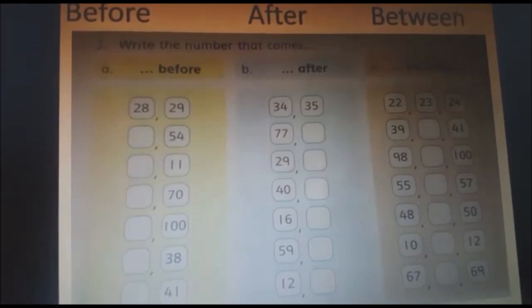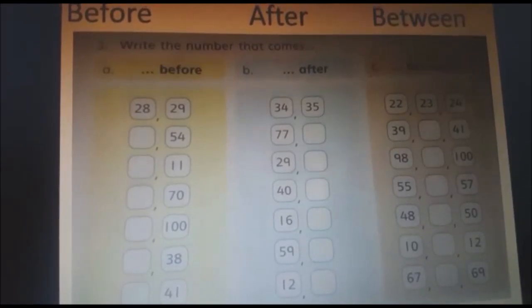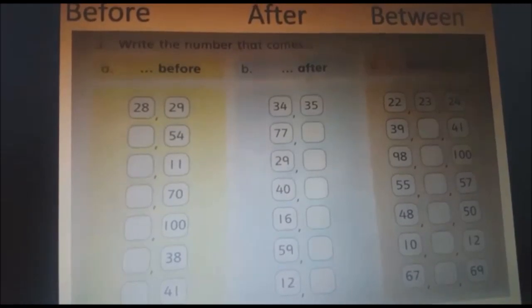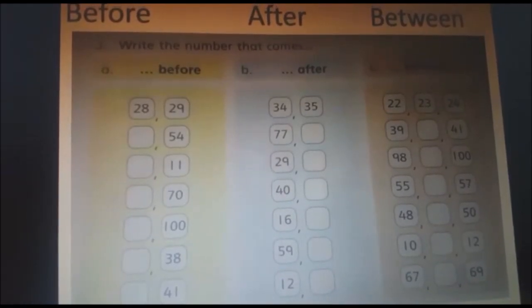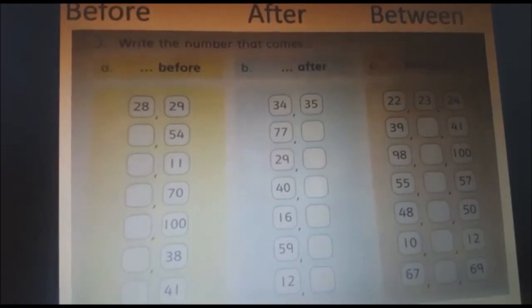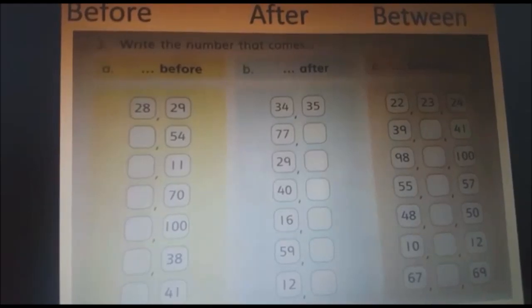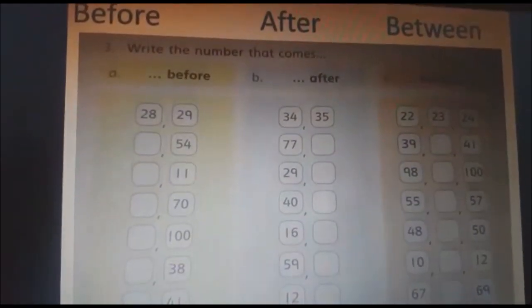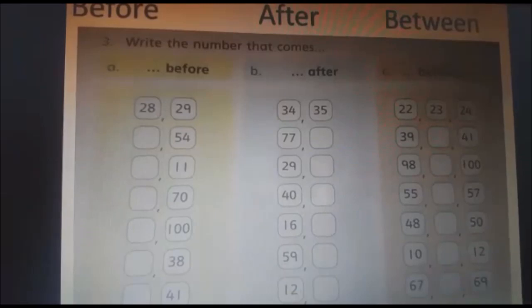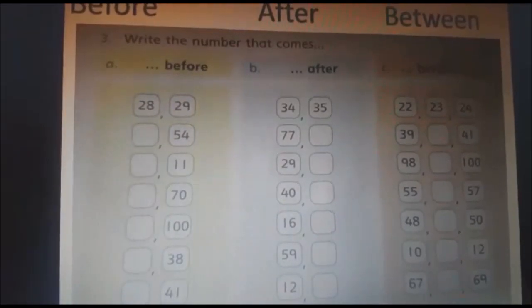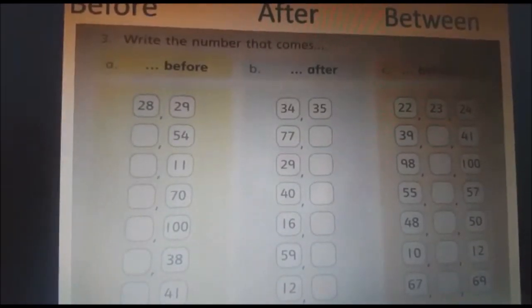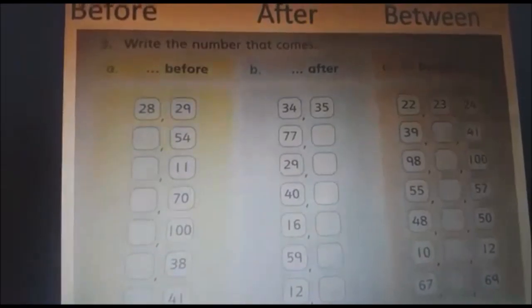Think about it. Yes, between 39 and 41, which number comes? Yes, 40. Now put the date and day on page number 2 and complete exercise 3.